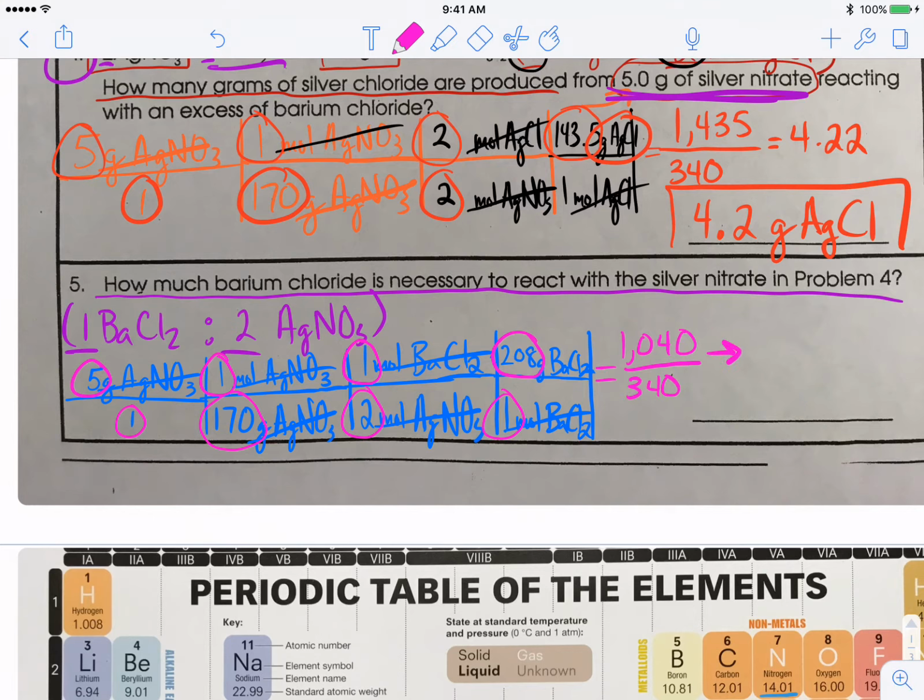And once we simplify this, we get an answer of roughly 3.058. We are going to round that, and our final answer is going to be 3.1 grams of barium chloride.